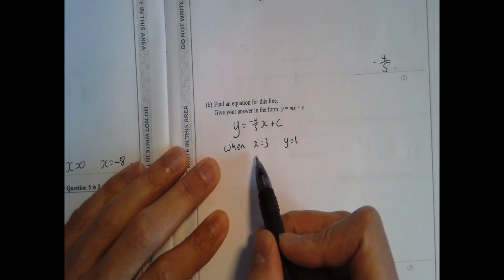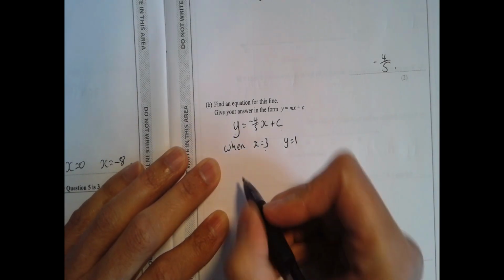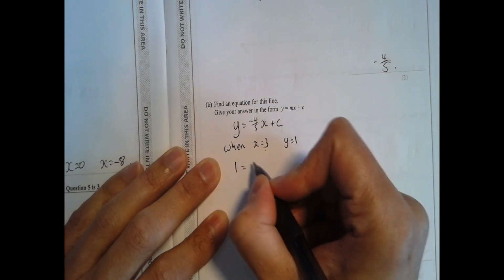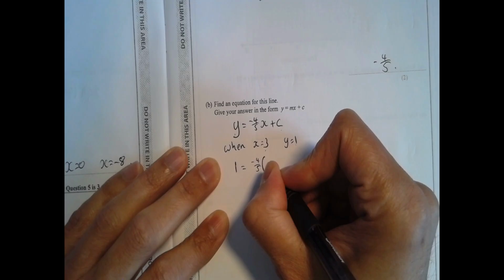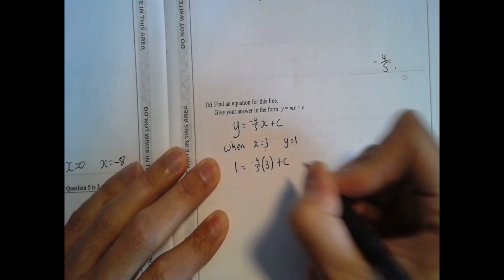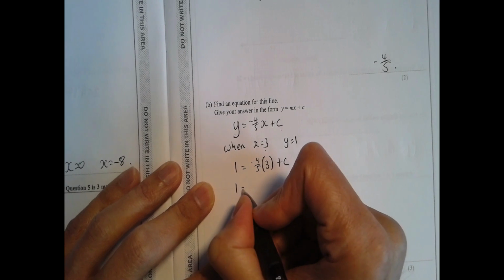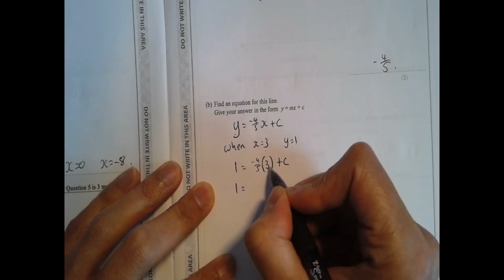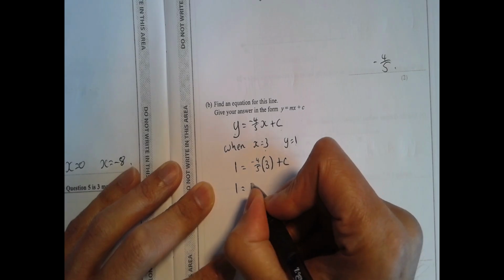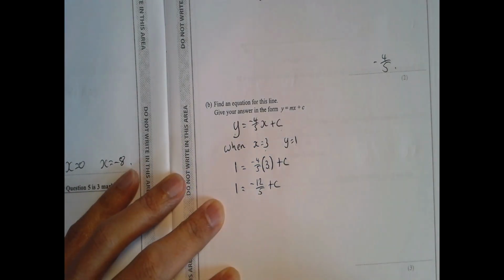Okay, so that means that if I put that in, 1 is equal to negative 4/5 of x, which is 3, plus c. Okay, so that means 1 is going to be equal to negative 4/5 times 3, which is going to be negative 12/5 plus c.